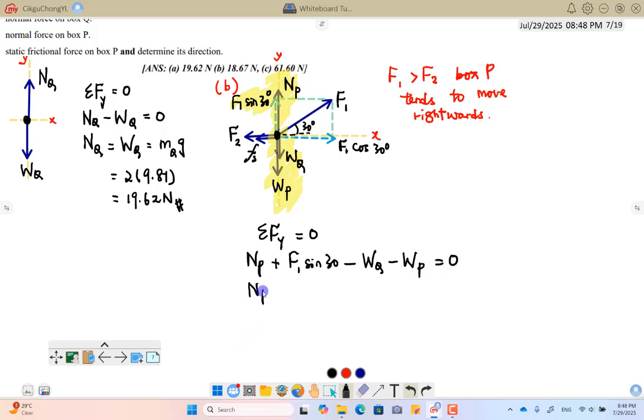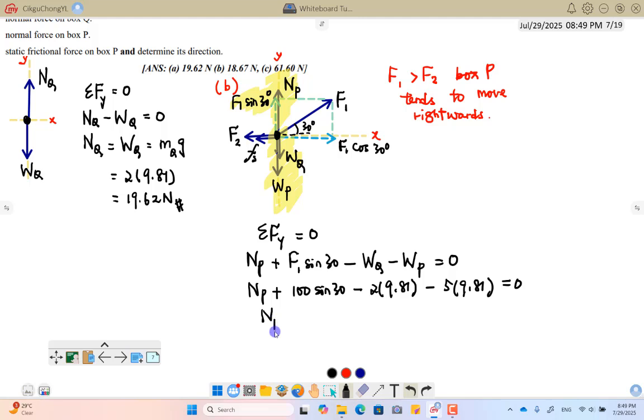Then I can put in the values. F1 is 100 sin 30. Weight Q is the mass of box Q, 2 times 9.81, minus weight P, which is the mass of box P, 5 kg times 9.81, equals 0.